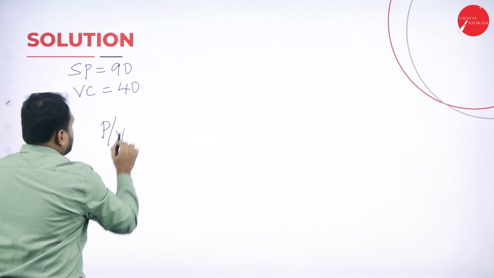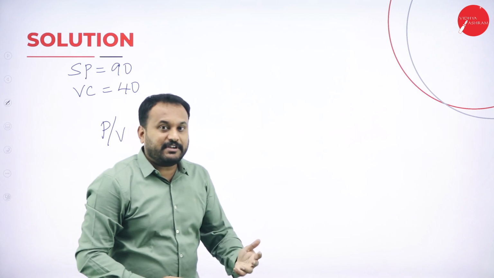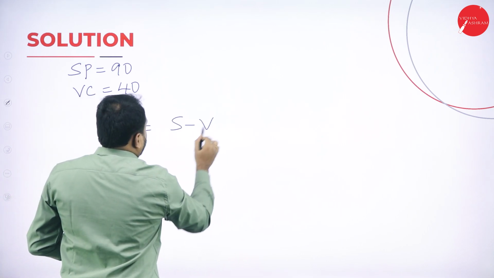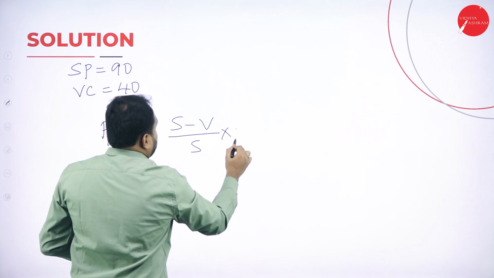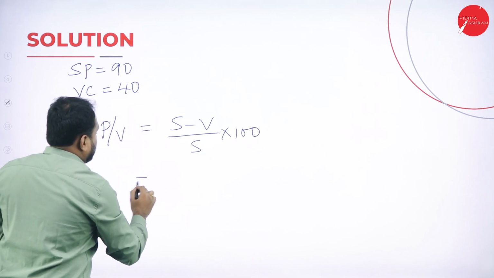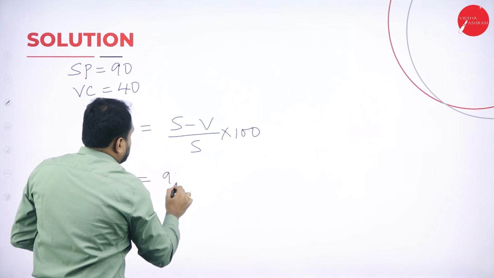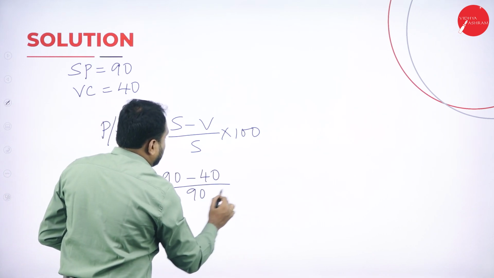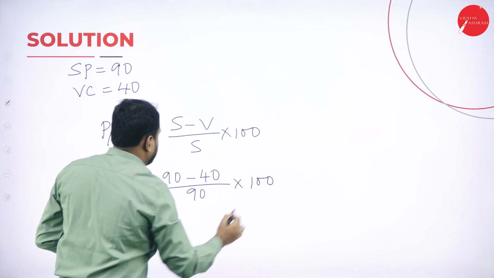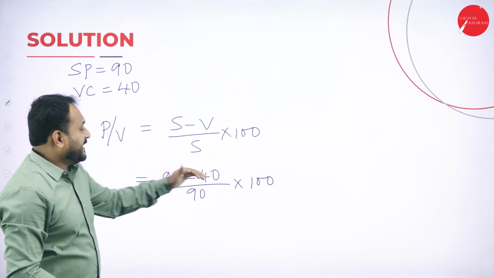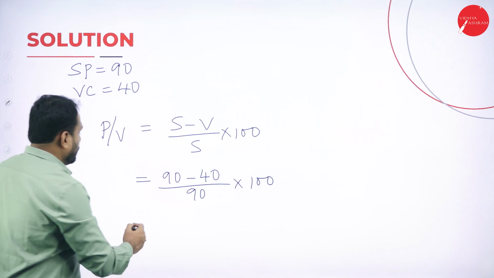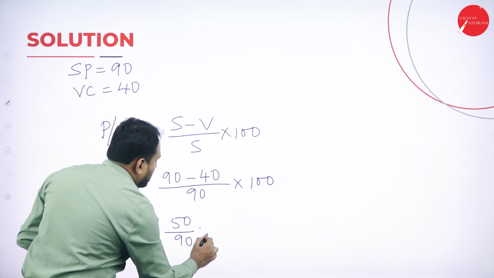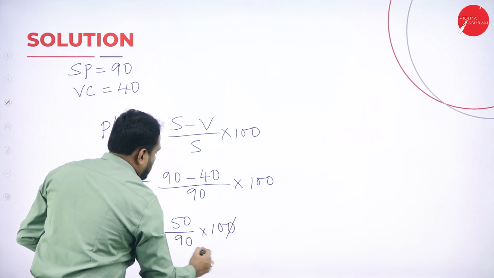To find new BEP, I need to find PV first. So PV is equal to S minus V divided by S into 100. So it is 90 minus 40 divided by 90 into 100. 90 minus 40 is how much? We got here 50 divided by 90 into 100.